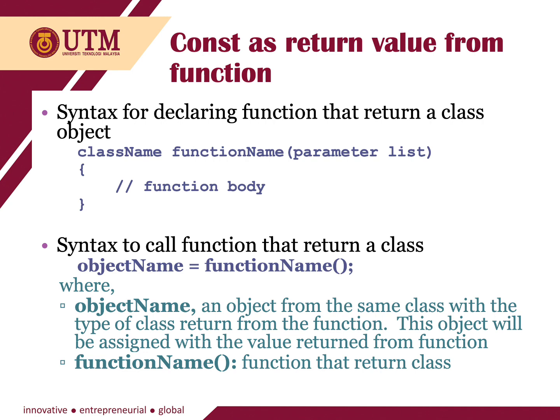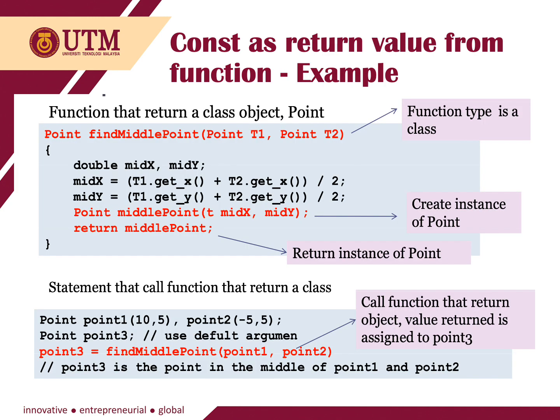Where object name is an object from the same class, with the type of class returned from the function. So this object will be assigned with the value returned from function, and the function name is the function that returns the class, right?